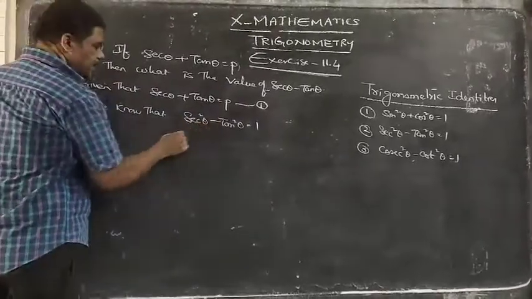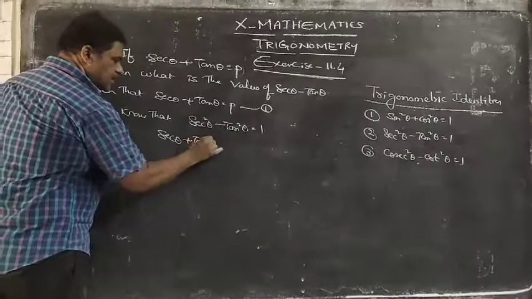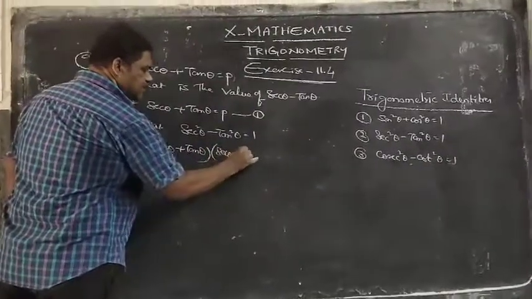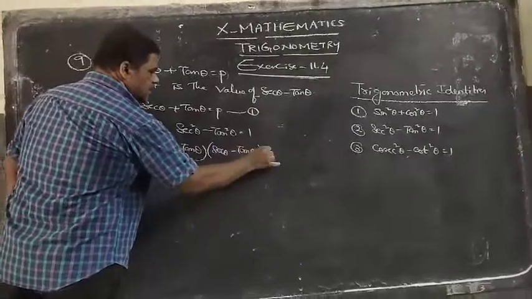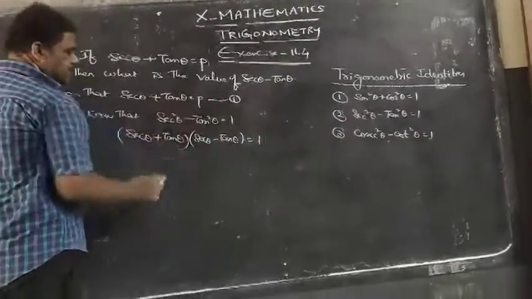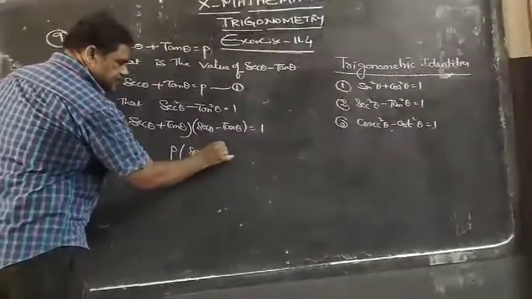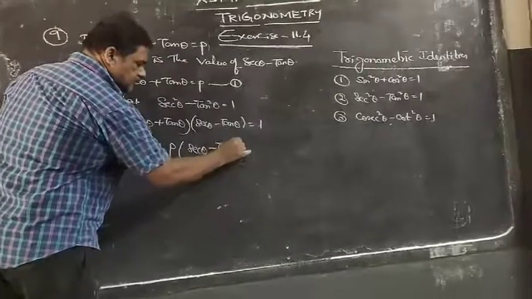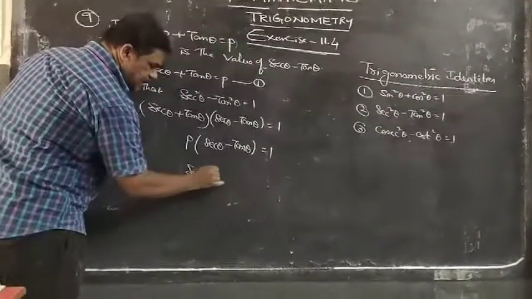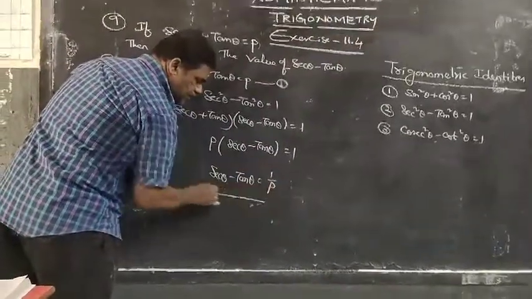A square minus B square can be written as A plus B into A minus B, that is 1. Here secant theta plus tan theta is given as P. Let us substitute. Now send P that side, you will get secant theta minus tan theta is equal to 1 by P.